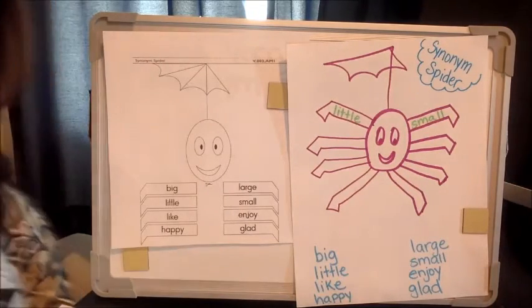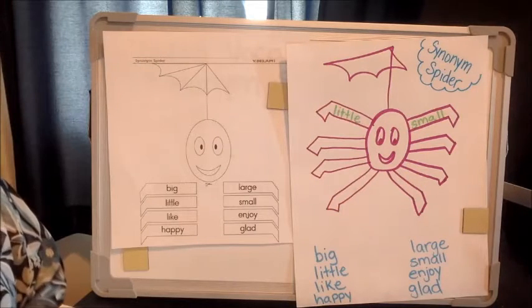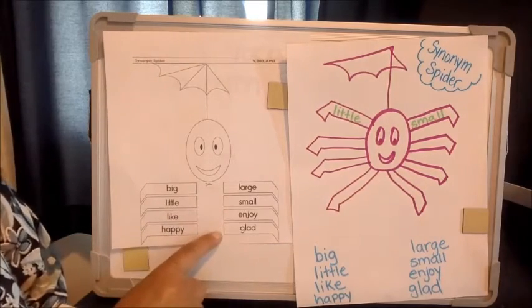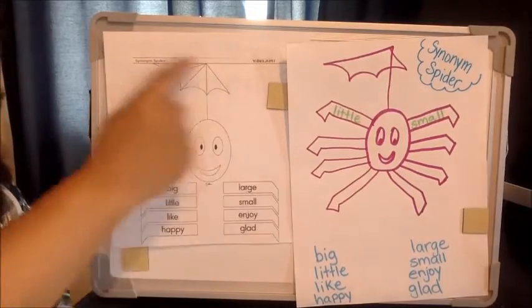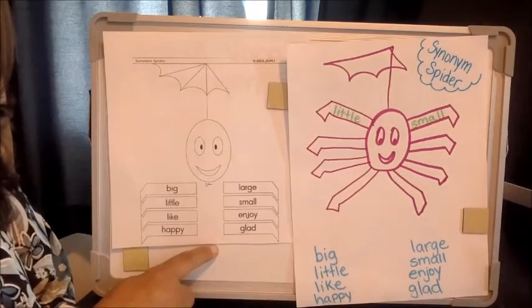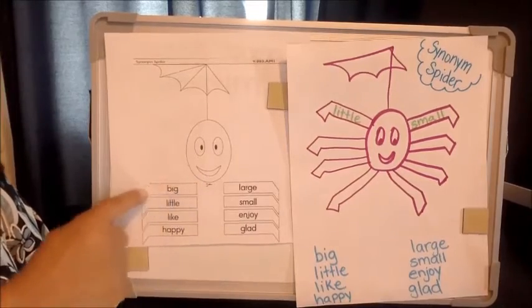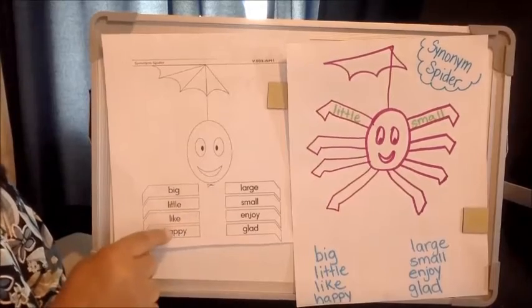Okay, so when you are ready to do this activity with your child, the first thing you need to do is get your materials ready. If you have access to a printer and you can print out the template, you can find this in the materials resources. So you can print that out and then take a scissor and cut out the legs and cut out the spider template itself.